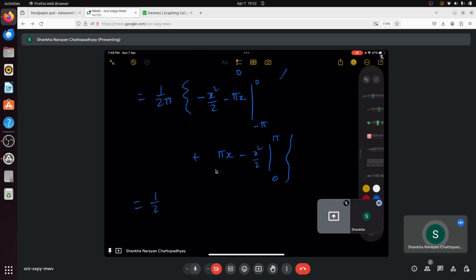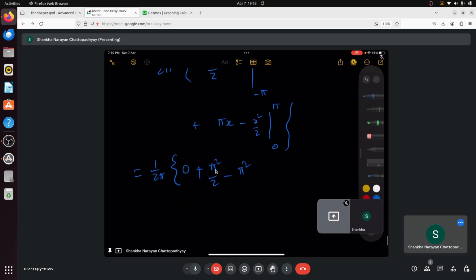So here you will get 0 minus pi square by 2 plus pi square, plus pi square minus pi square by 2, so that will give you 0.